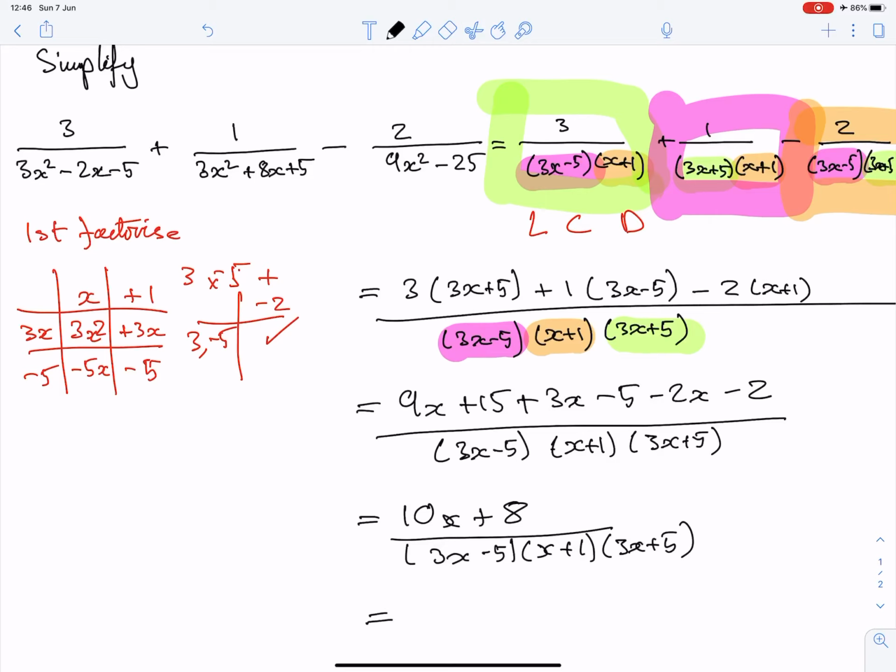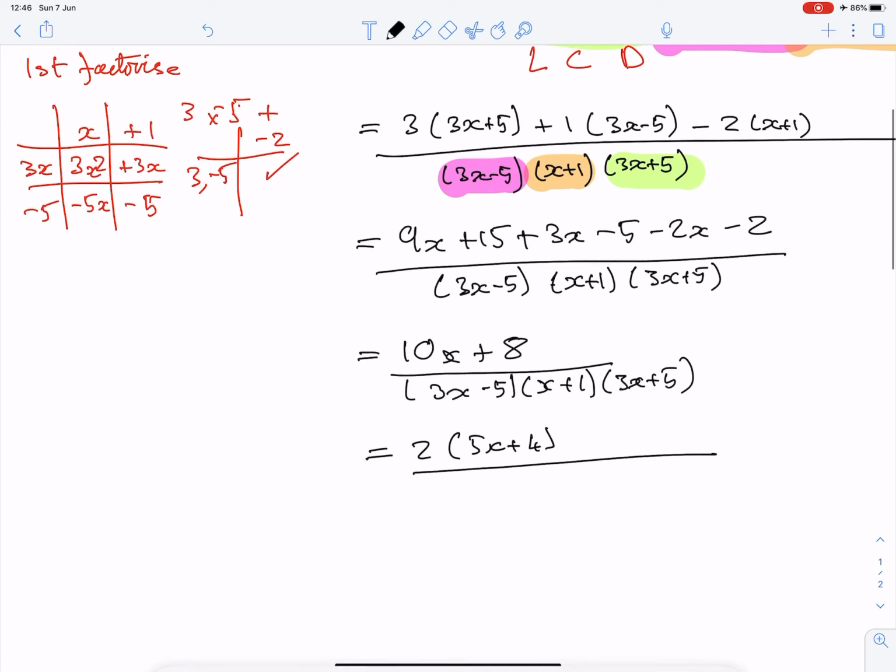Here we should factorise the top so we can see if any factors will cancel. So 10x plus 8 we can take out a factor of 2. So it's 2 lots of 5x plus 4 over 3x minus 5, x plus 1, 3x plus 5.